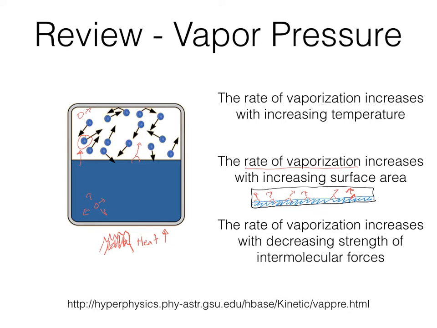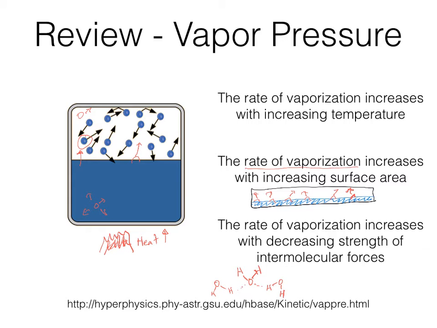The other thing we know is that the rate of vaporization increases with decreasing strength of intermolecular forces. So, if we have water, those water molecules have hydrogen bonding, and so they have a lot stronger forces holding them together.